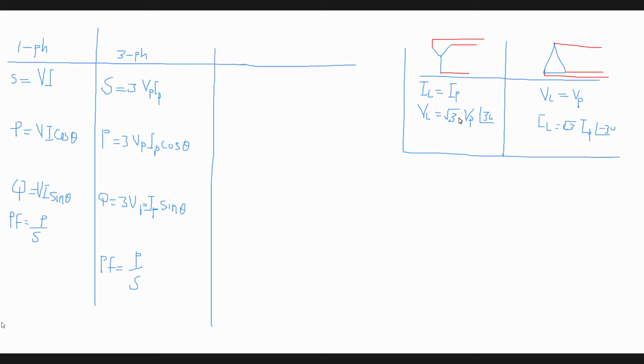Now what I'm gonna do here, I'm gonna see S for Y connection and for delta. And this is, by the way, just go back here. This is just S cosine theta, right? Because this is basically S. And this is S sine theta.